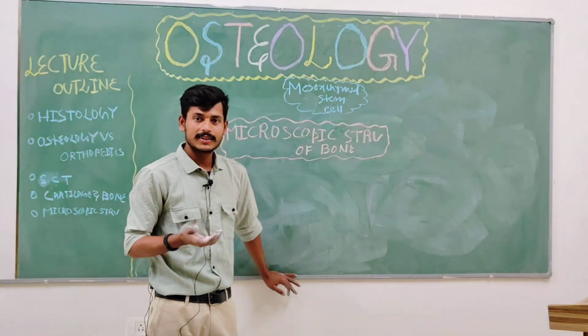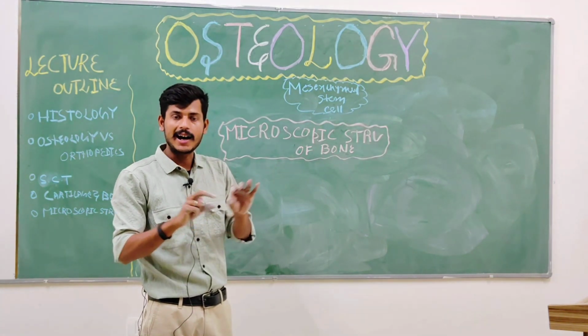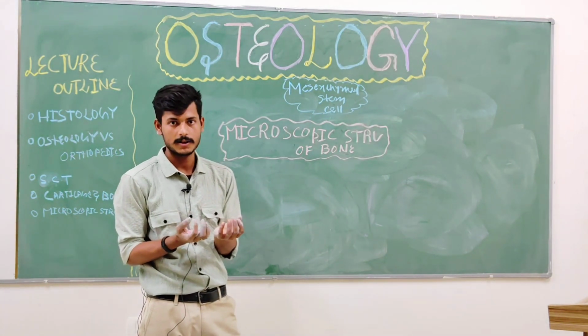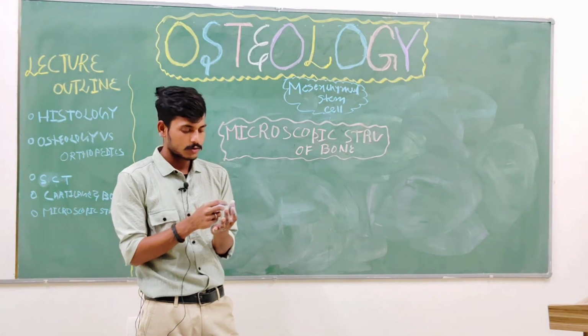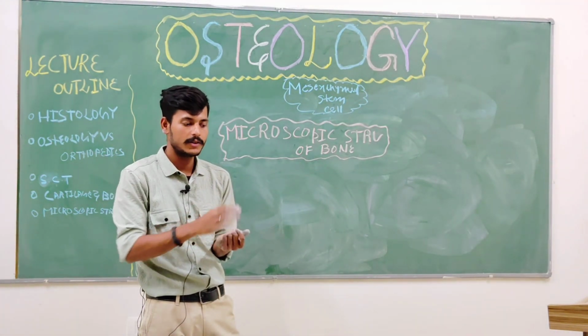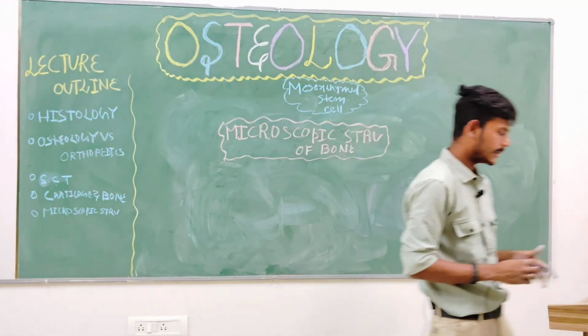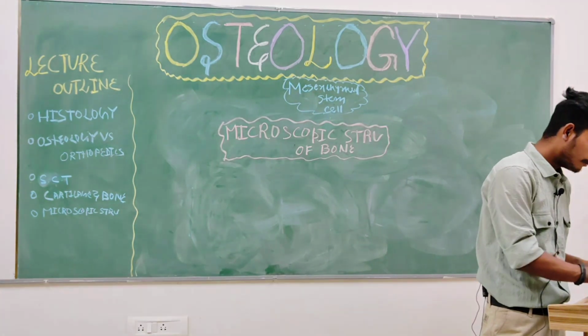When you take the bone in your hand, you see it is hard. Bone is actually hard, but for microscopic study we need to dissect the bone, then only are we able to see the internal environment of the bone.